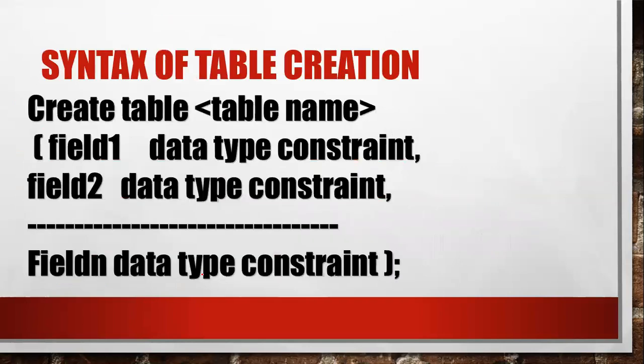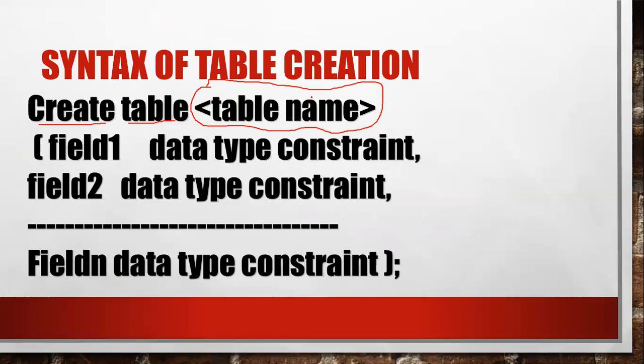The next thing is the syntax for table creation. How are we going to create the table? First we write create table, and then the table name. As I already told you earlier, whatever we write in the angle brackets will be changed while writing the command.